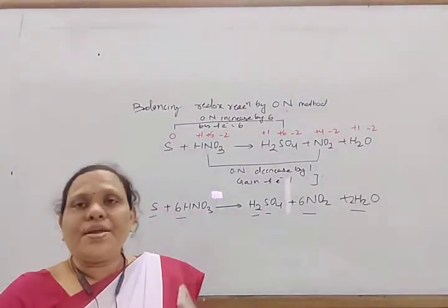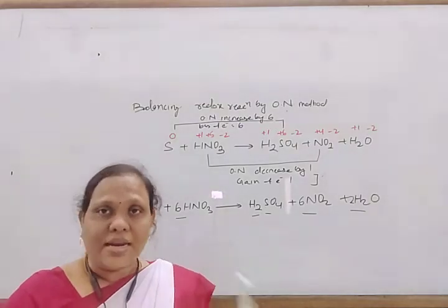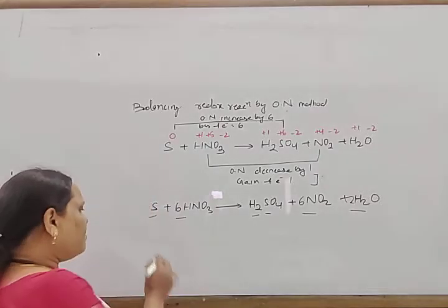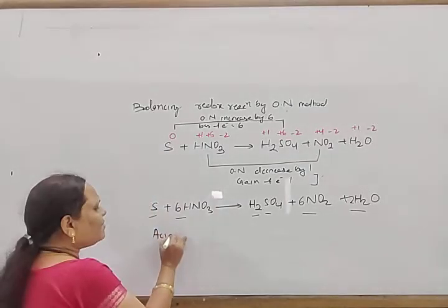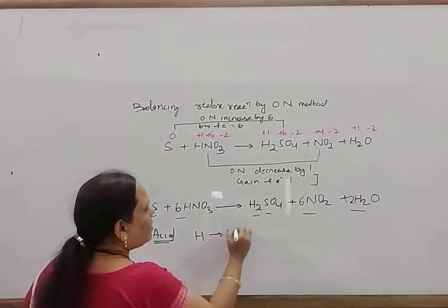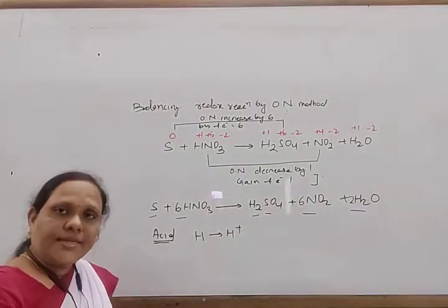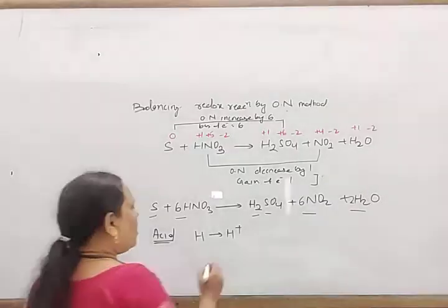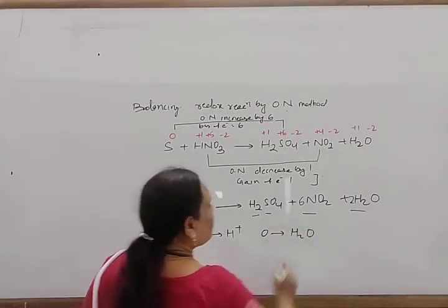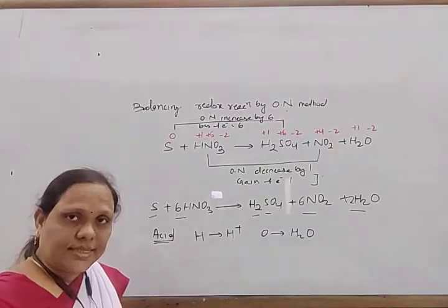And still if the hydrogen and oxygens are not balanced, then what you have to do? If it is given in acid medium, to balance hydrogen you add the number of H plus ions where it is deficient, and to balance oxygen add the number of water molecules where it is deficient.